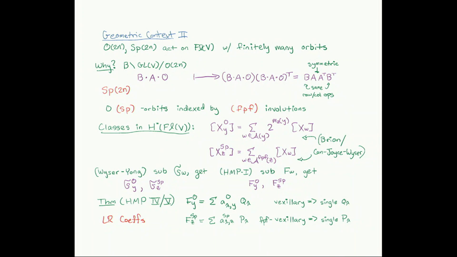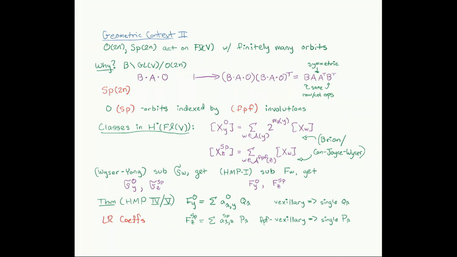We're maybe more interested in these polynomial representatives, and so you can just plug in Schubert polynomials. And, sorry, was there a question? Okay. So you can just plug in Schubert polynomials to these sums, and you can define involution and fixed point free involution Schubert polynomials. I would attribute that to Wyser and Yong.